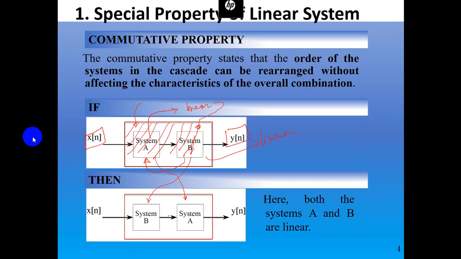In this case, output of B is fed into the input of A. According to the commutative property, the system should provide the same output as it was before. That means swapping the position doesn't make any change in the system for the whole system.